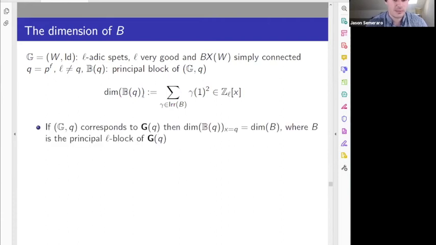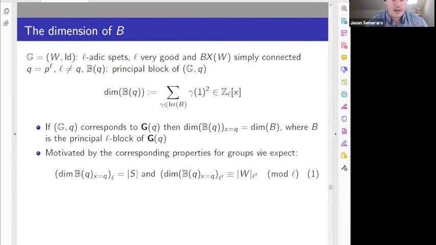So if G(q), for example, corresponds to an actual group of Lie type, then this number here is exactly the dimension of the principal block of G(q) under suitable conditions. And also it's relatively easy to see that for any principal block of any group, the L-adic valuation of the dimension is just given by the size of S, the L-adic valuation of S, where S is the Sylow subgroup.